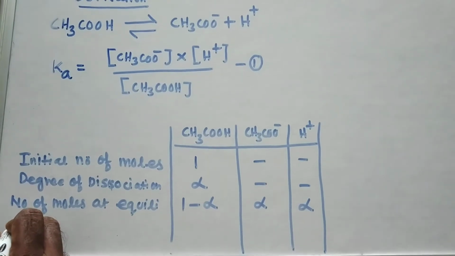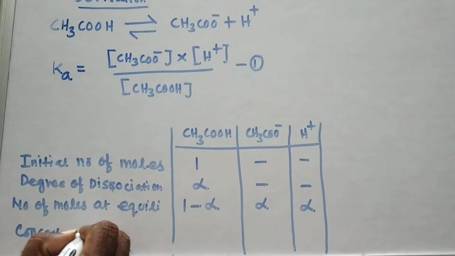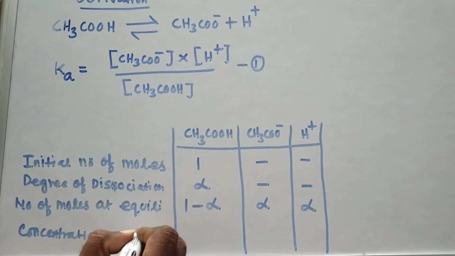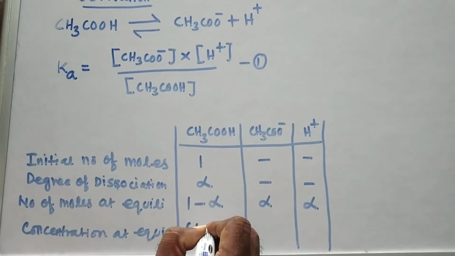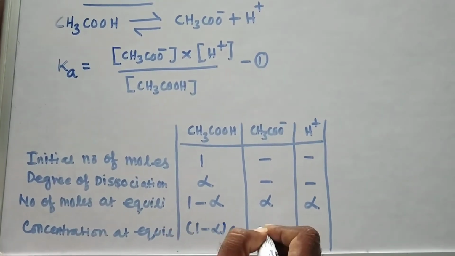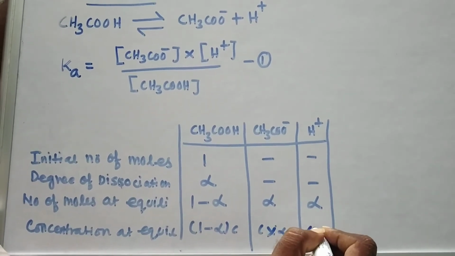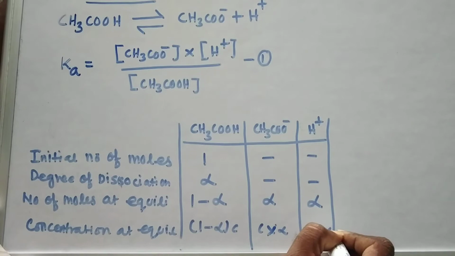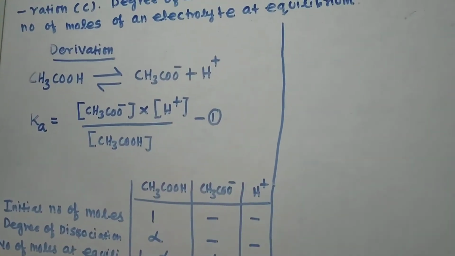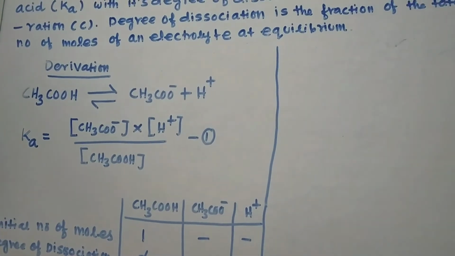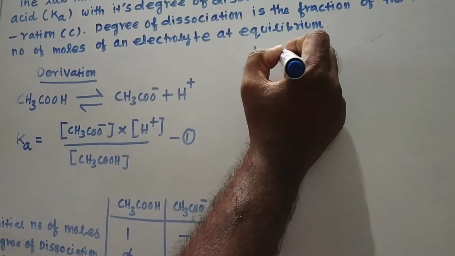Then concentration at equilibrium. Okay. Then 1 minus alpha is multiplied with C. Also C into alpha. Also C into alpha. Now substitute the value of concentration at equilibrium in the equation number 1. It becomes Ka.